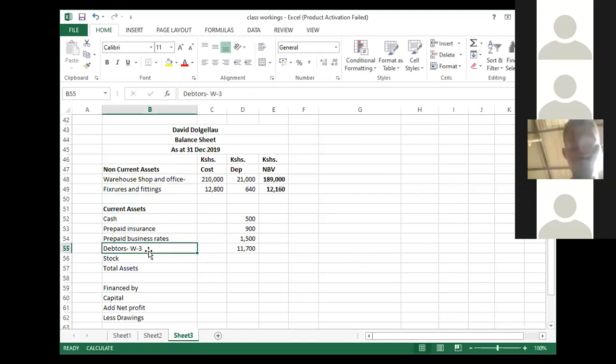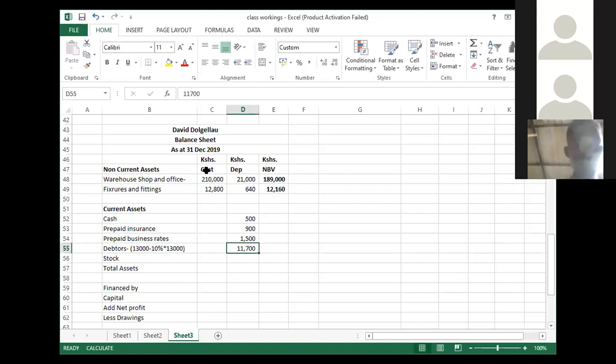The same case for debtors. You can decide, instead of doing it separately, you just come and do it here and say this will be equal to 13,000 minus 10% of 13,000, right? Put it in brackets, right? See that? It should give you the same amount there.